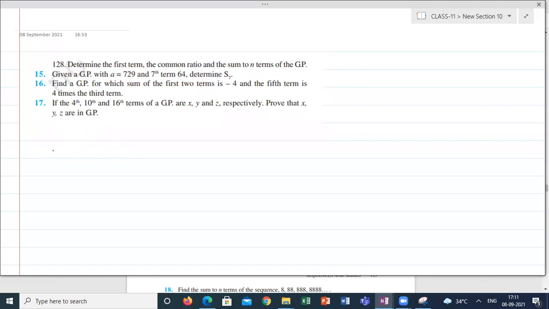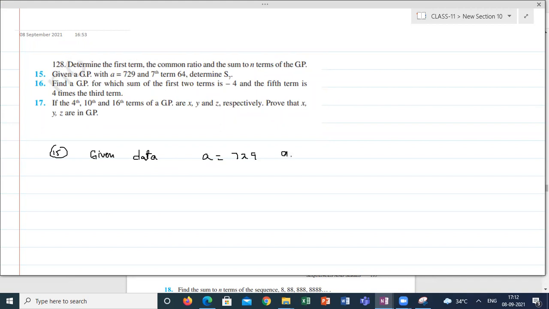So what is the given data, students? Anyone can explain what is the given data? First term is 729.